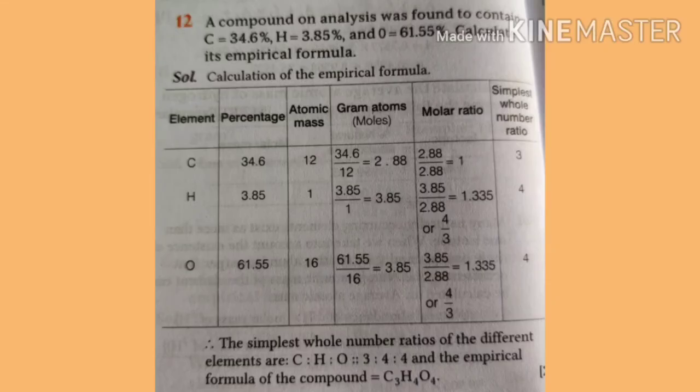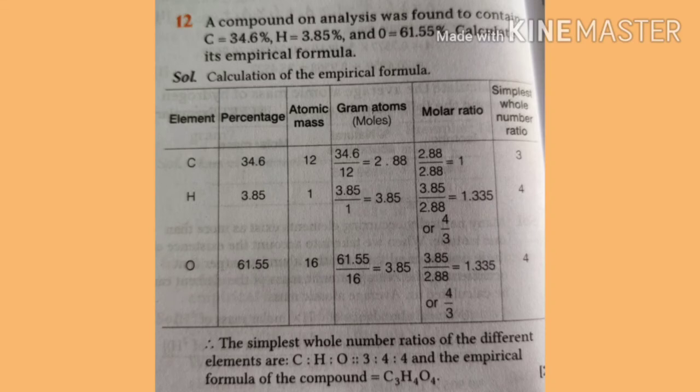Now in the next example, a compound on analysis was found to contain carbon equal to 34.6%, hydrogen equal to 3.85% and oxygen equal to 61.55%. Calculate its empirical formula. First take carbon, the percentage is 34.6 and the atomic mass is 12.